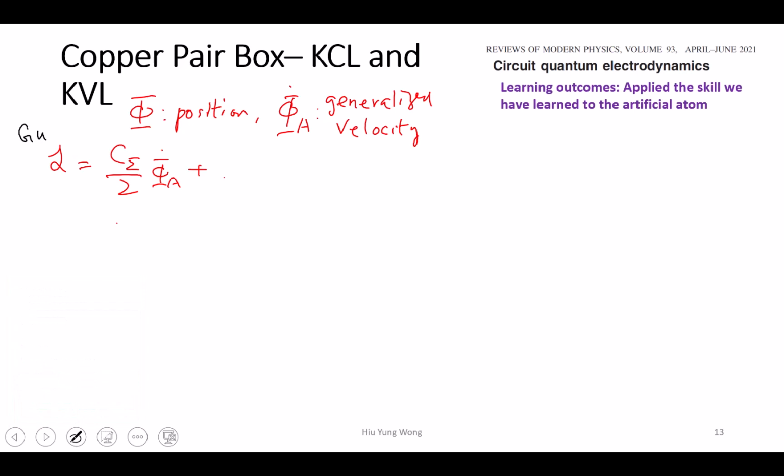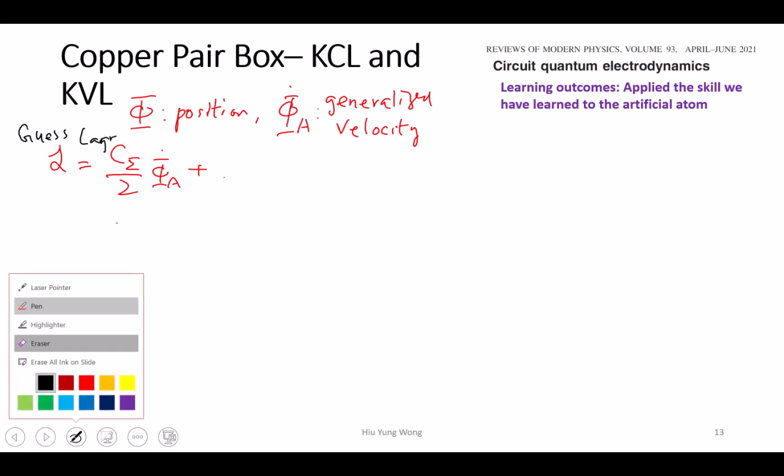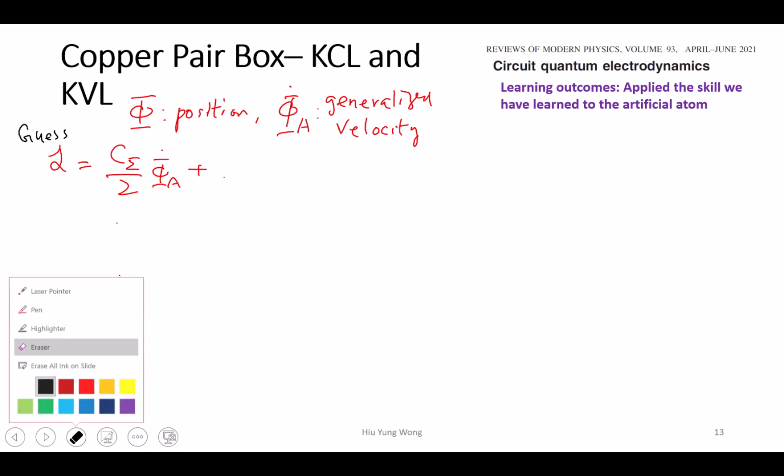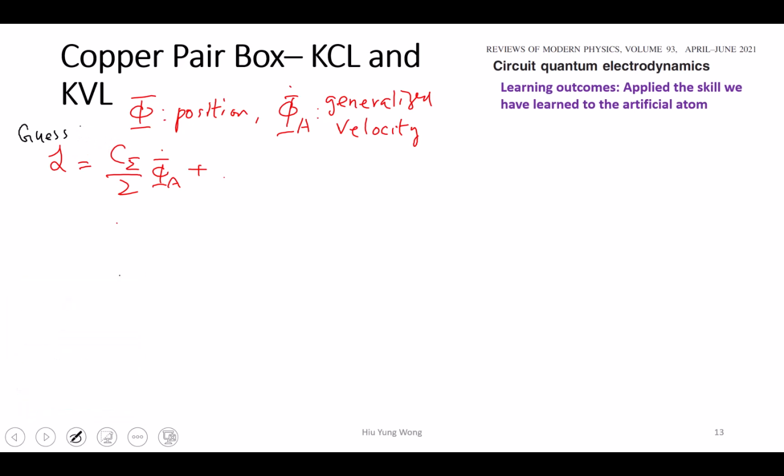I guess, how do you spell that? G-U-E-S-S. Guess the Lagrangian. Because I want to find the equation of motion.